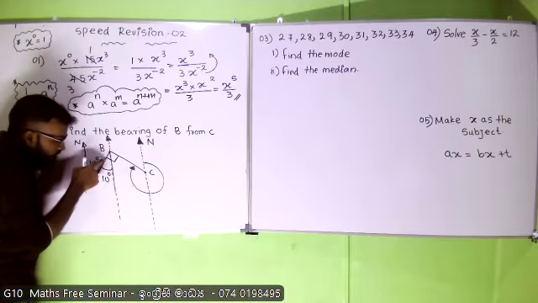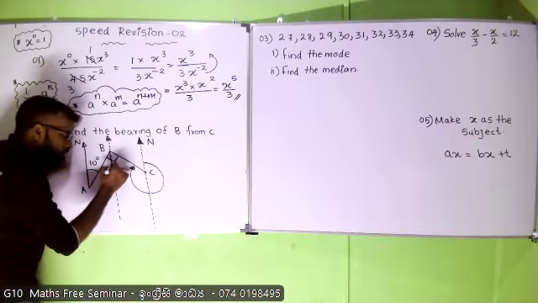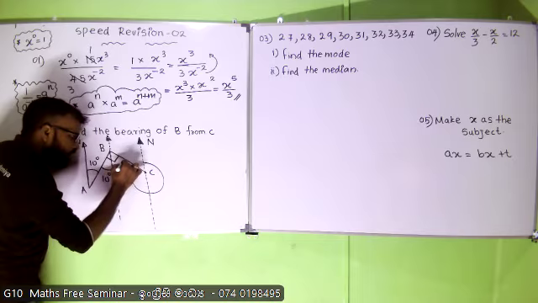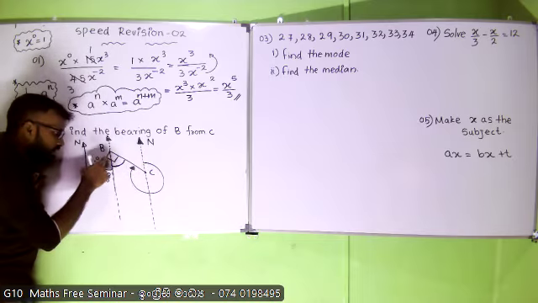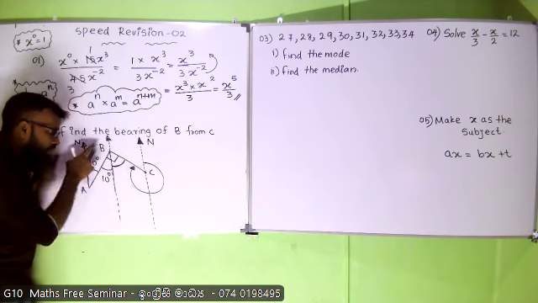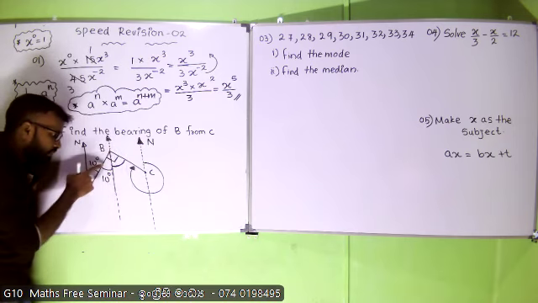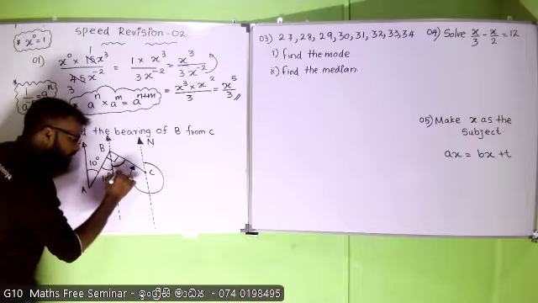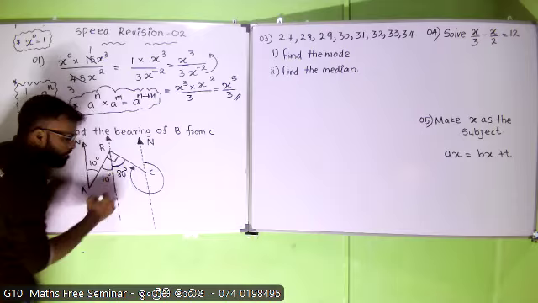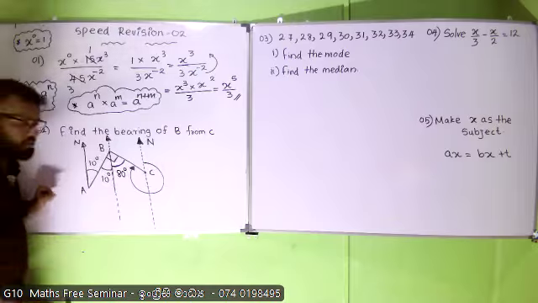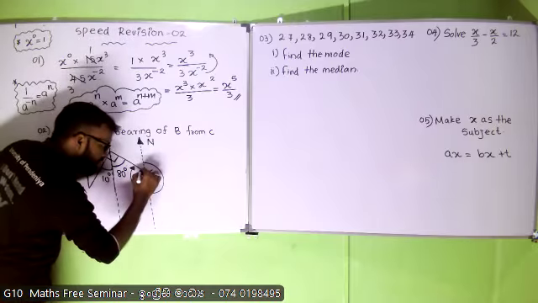So if this small angle is 10 degrees, you can take the magnitude of this angle, which is 90 degrees. ABC is 90 degrees. 90 minus 10 will give you 80 degrees. Very simple. So now you can find this angle.